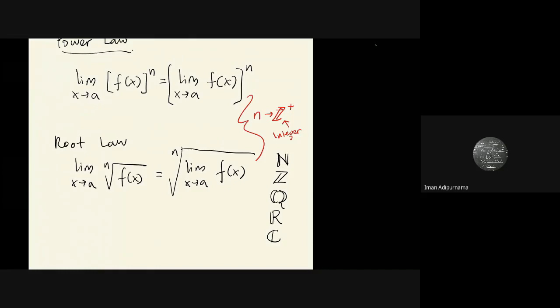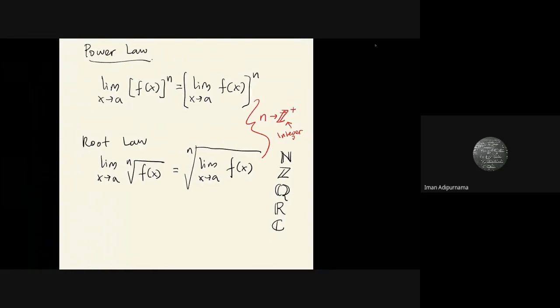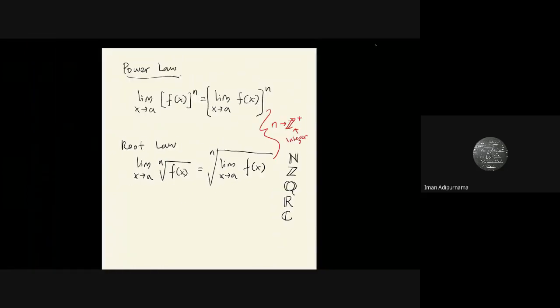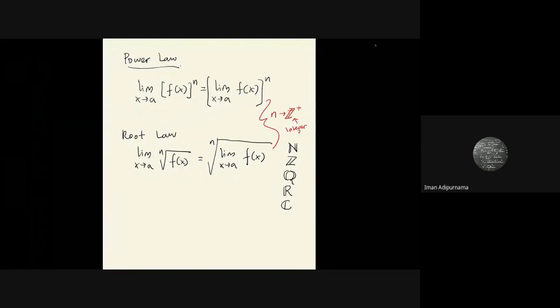Zahlen is from the German word for counting. So for the integers, n should be a positive integer. All of these should be positive integers.